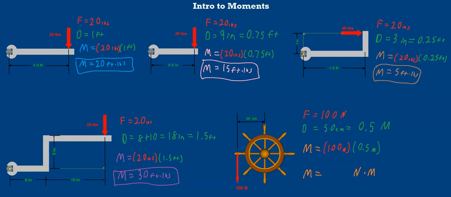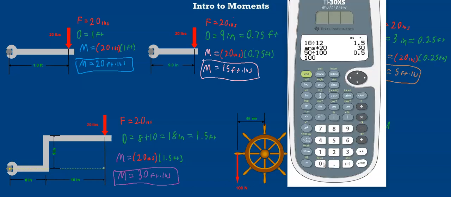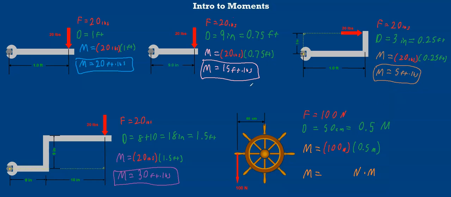And what is 100 times 1/2? What is half of 100? And hopefully you can do this in your head, but if not, again, that's what calculators are for. We get 50, so our final answer is a moment of 50 newton meters being applied to this wheel.